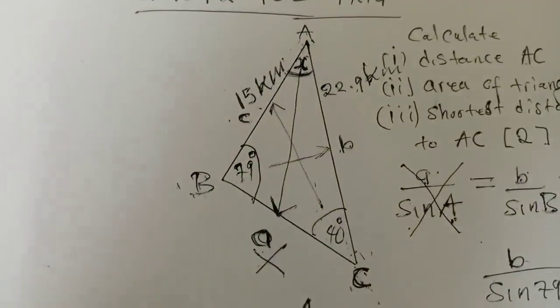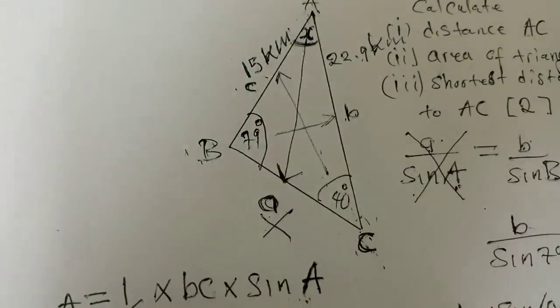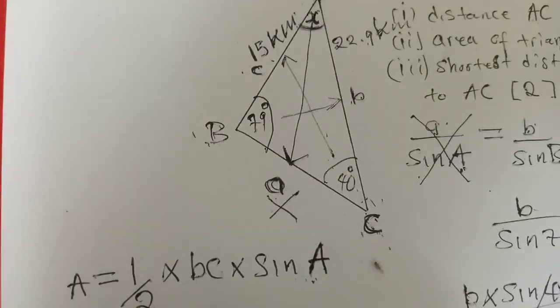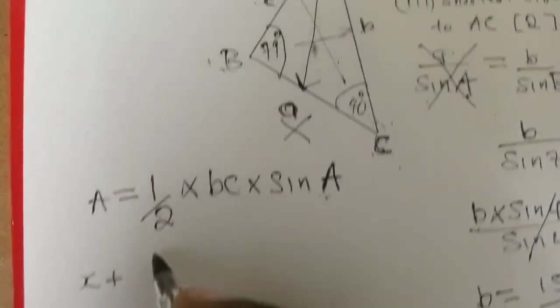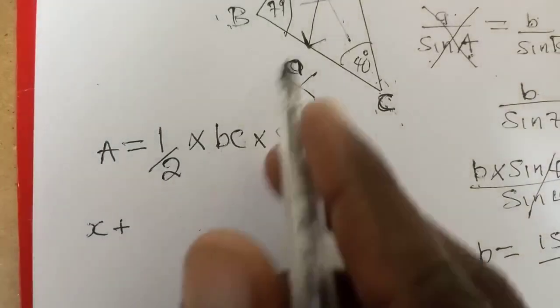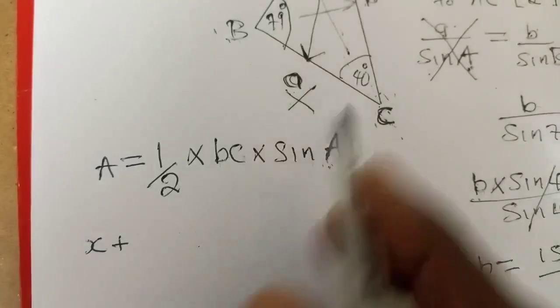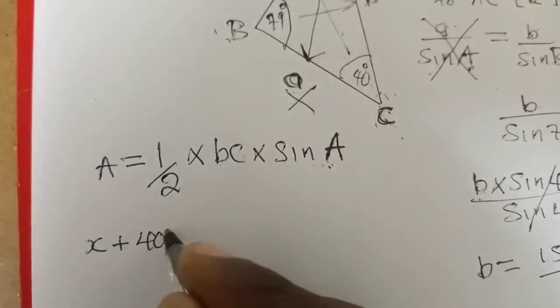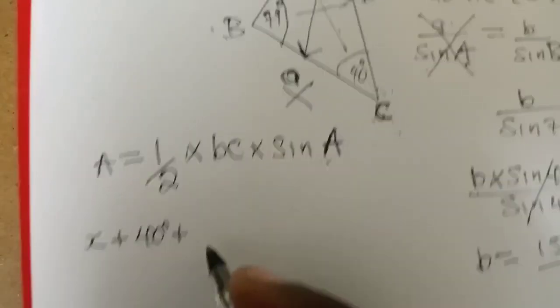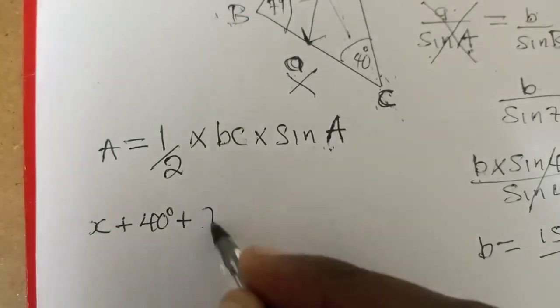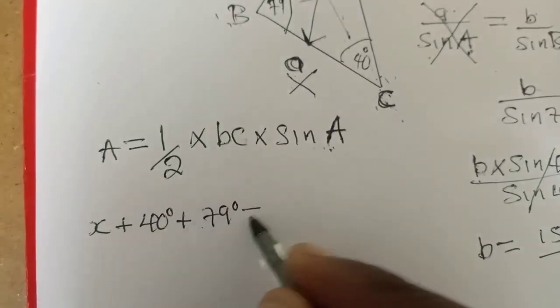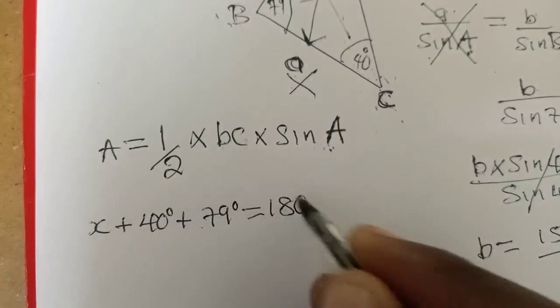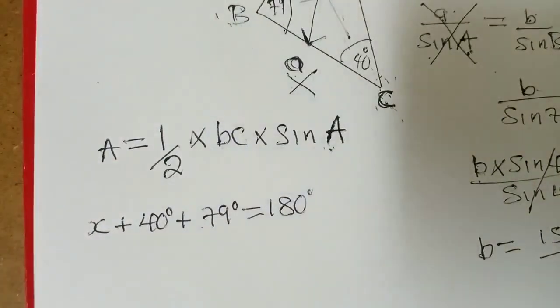We can add x plus 40 degrees plus 79 degrees is equal to 180.